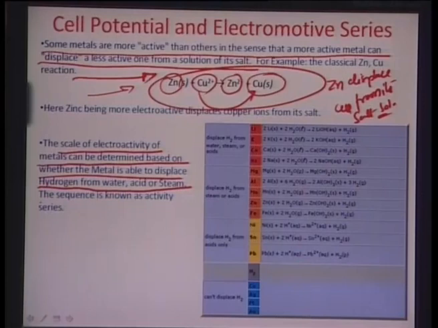If you take H2O in any form, be it steam, or in equilibrium with an acid, or just in the water state, how actively the metal can displace hydrogen gives it a position up the ladder on the electroactivity series.